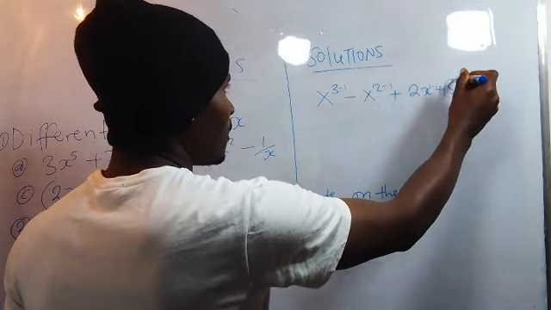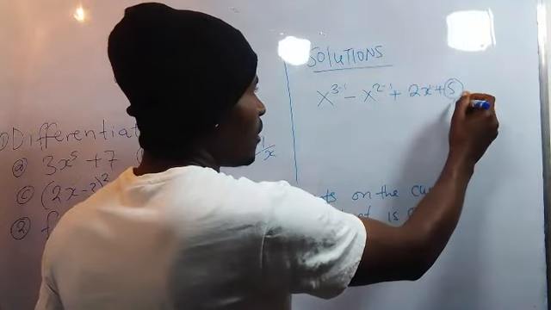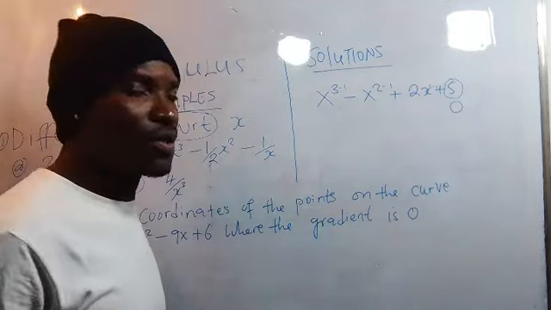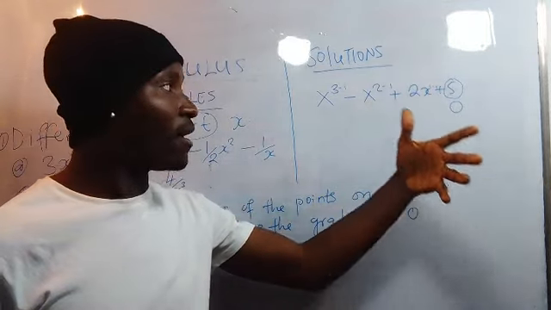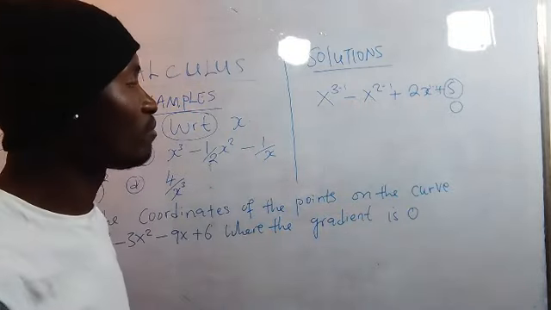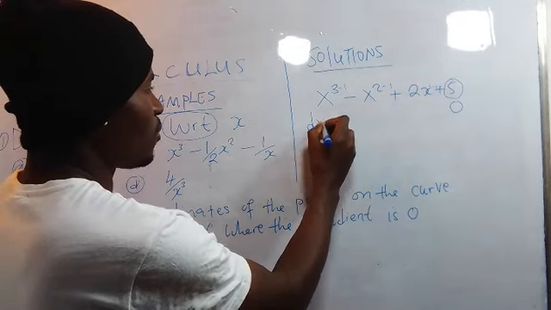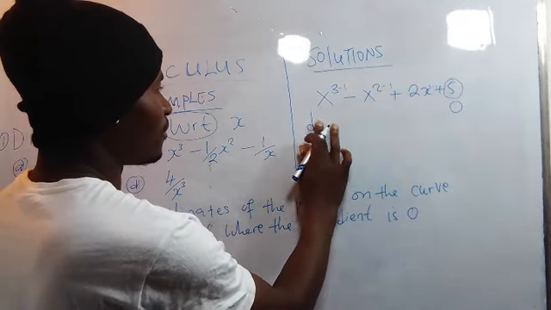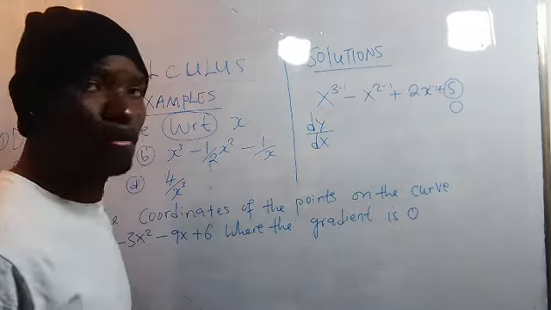And then the derivative of a constant number is always 0. Whenever you're differentiating a single constant number, it always gives you the result 0. Now, there is this symbol that you must be aware of, dy dx.